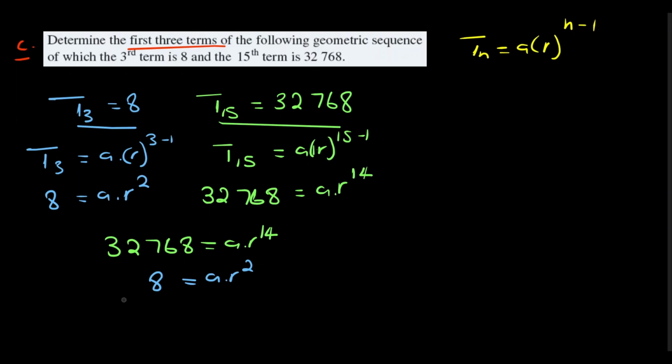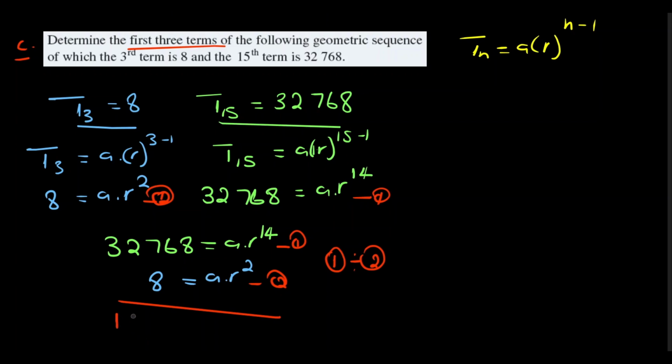Let's quickly label these: this will be equation 1 and this will be equation 2. The procedure here will be equation 1 divided by equation 2. So 32,768 divided by 8, I meant to say, we get 4096.